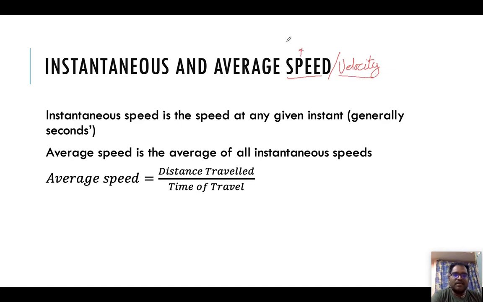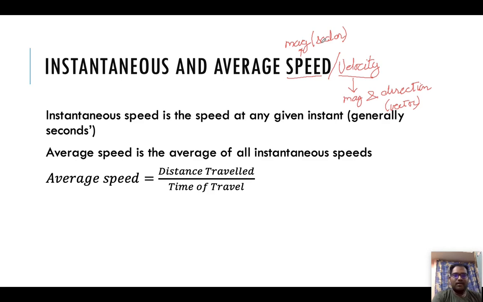Your speed has a magnitude only, whereas your velocity has a magnitude and also a direction. If one term has both magnitude and direction, it is of course referred to as a vector quantity, whereas your speed has magnitude only, so it is a scalar quantity. So this is the difference between velocity and speed.